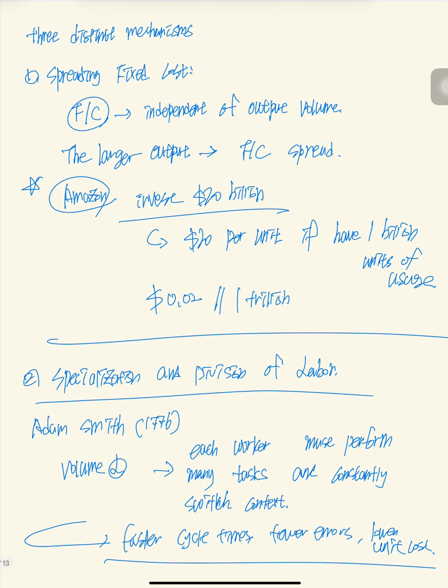Open a new page. 80% learning curve. Example.